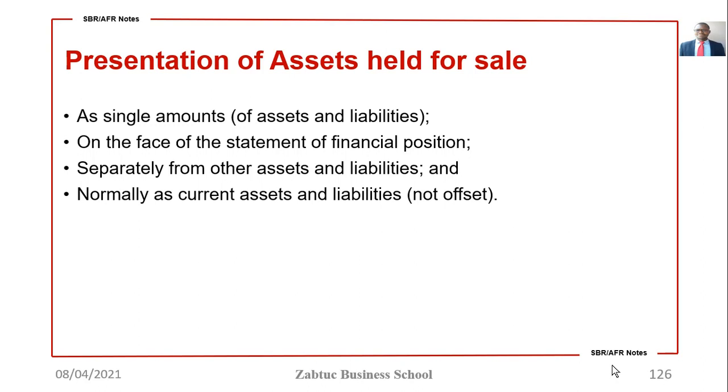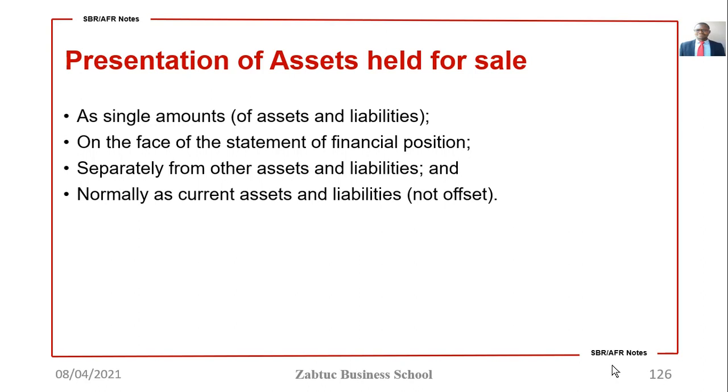Okay, now separate presentation is very crucial here. Presentation of assets held for sale. If an asset is held for sale, we should present it as a single, separate amount. We should remember this on the face of the statement of financial position.